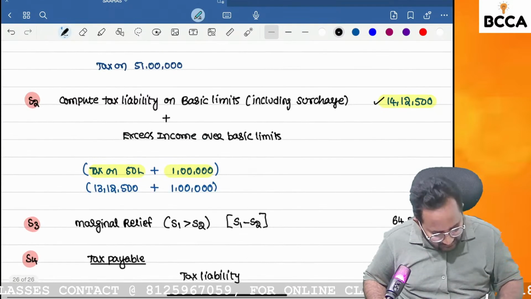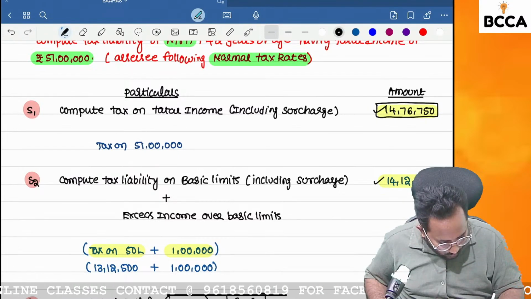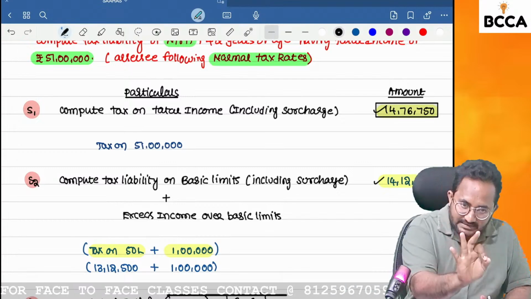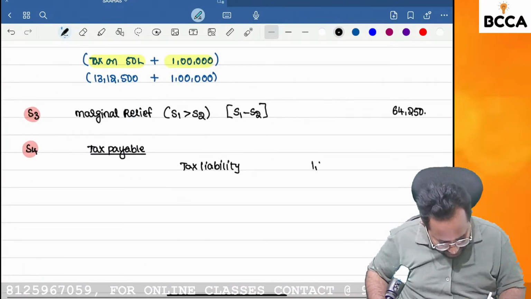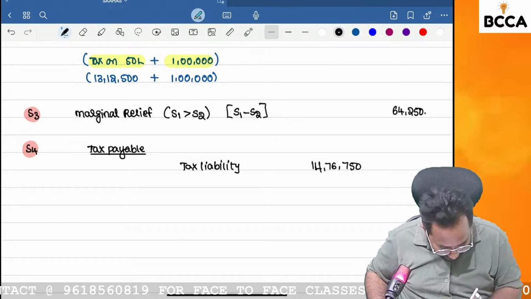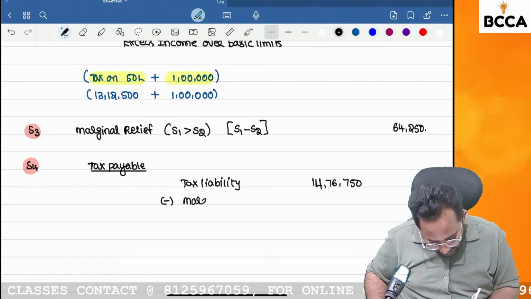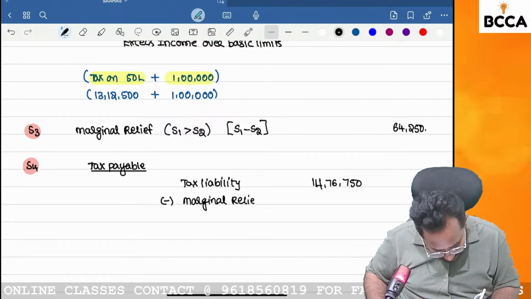At any cost they want to collect this only. As per that rule, tax liability means income tax plus surcharge plus health and education cess. How much amount do they want to collect? 14 lakh 76,750 only. But in the Income Tax Act 1961, I am eligible to get marginal relief. So what is that marginal relief?